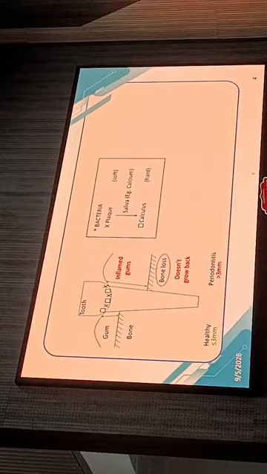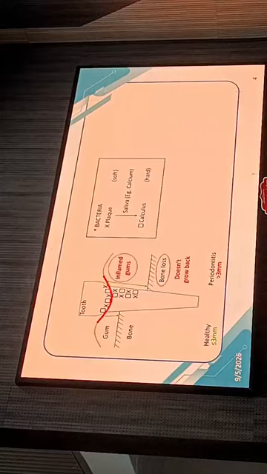Basically the bacteria grow on the teeth, it starts above the gum line, but it also grows underneath the gum line. And the inflammation of the gums is a reaction of the body towards the bacteria. It's sensing that there's infection coming, so it's a defense mechanism.